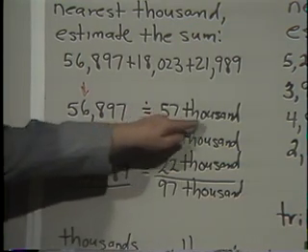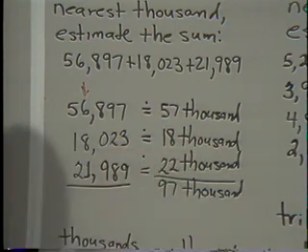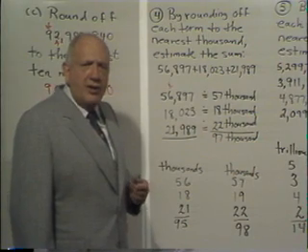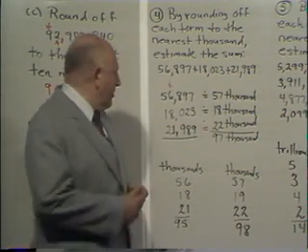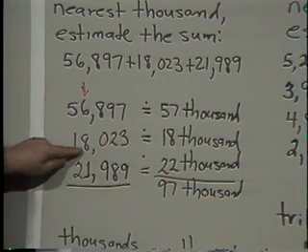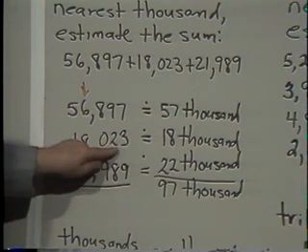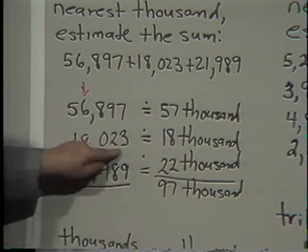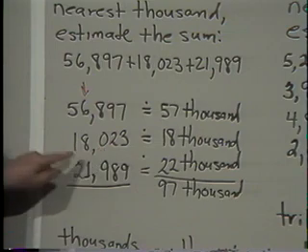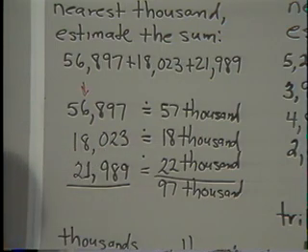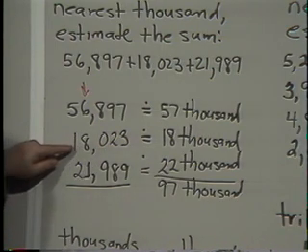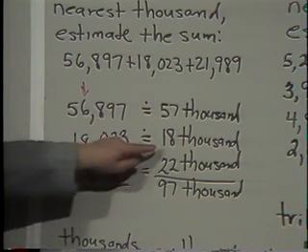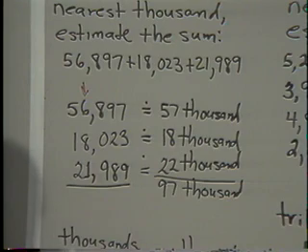And notice that I'm using the noun thousand rather than 3 zeros to emphasize that when I'm estimating this way, I'm only going to be adding 2-digit numbers, not 5-digit numbers. You see, if I'm counting by thousands, 18,023 comes between 18,000 and 19,000, but the 0 over here tells me I'm closer to 18,000, so rounded off to the nearest 1,000, 18,023 becomes 18,000.